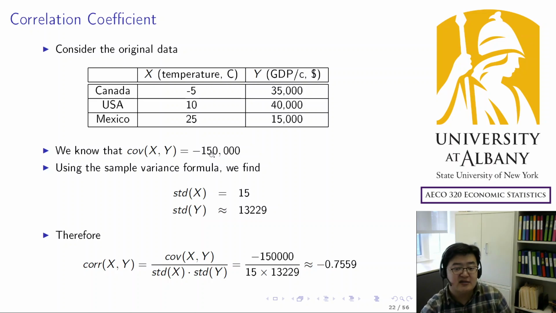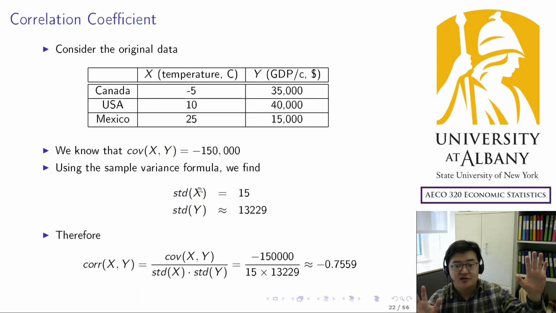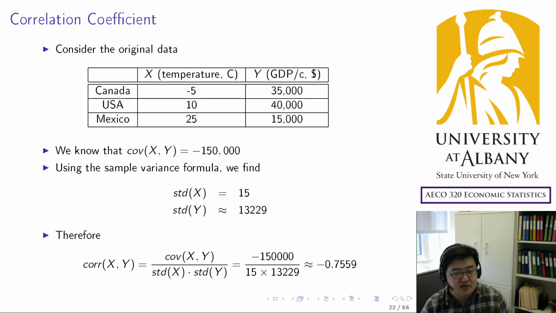So if you had the population formula for the covariance, then you have to apply the population formula for standard deviations too. So basically you have to match the formulas, so that you have a consistent correlation coefficient.